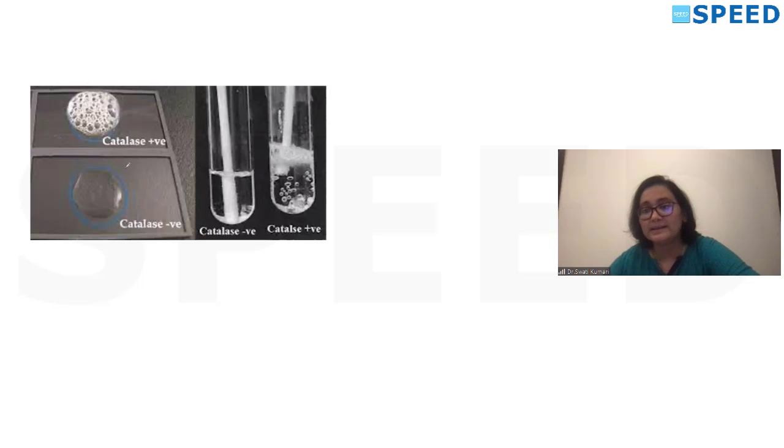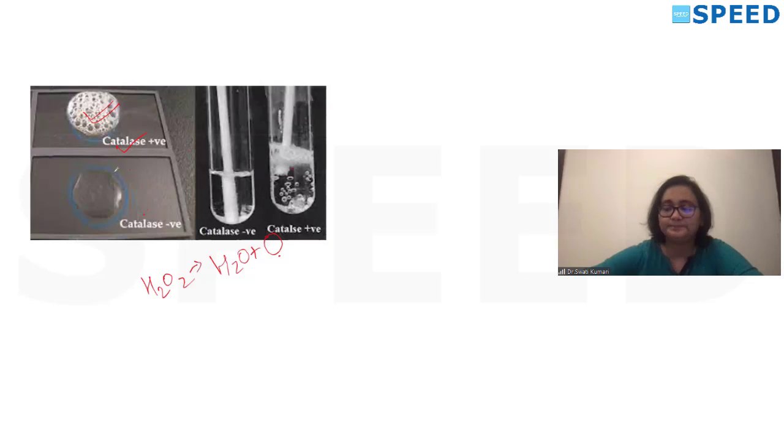We do the catalase test. Catalase is the enzyme which converts hydrogen peroxide to water and oxygen, nascent oxygen. This nascent oxygen is seen as effervescence. When effervescence is seen, it's positive; not seen, it's negative. You have the tube method and the slide method, similar to the coagulase test.